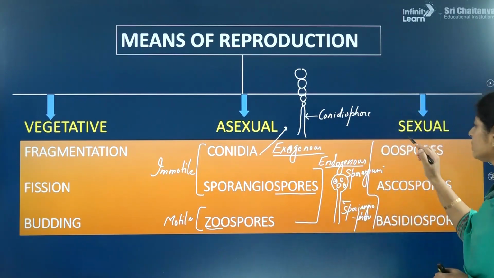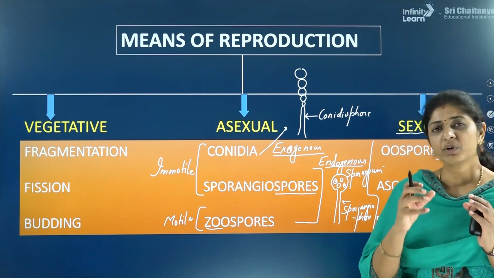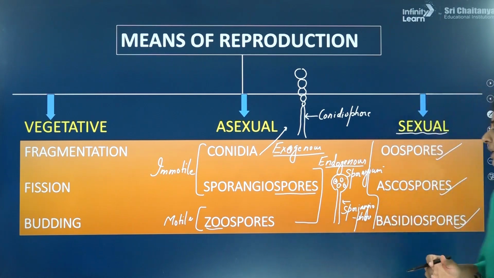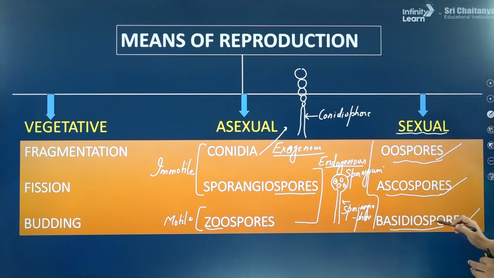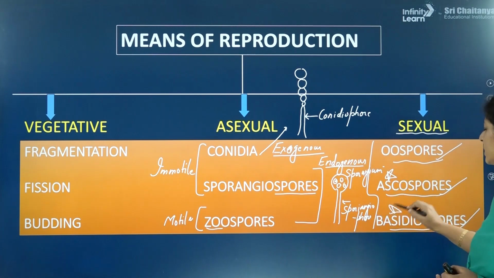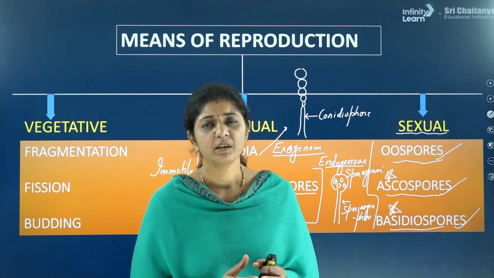Okay, now coming to the sexual means of reproduction. It can be by oospores, ascospores, basidiospores. Our main discussion today will be on oospore formation, ascospore and basidiospore. And even there, the most important to discuss are ascospores and basidiospores. Reason why? From where they are forming.